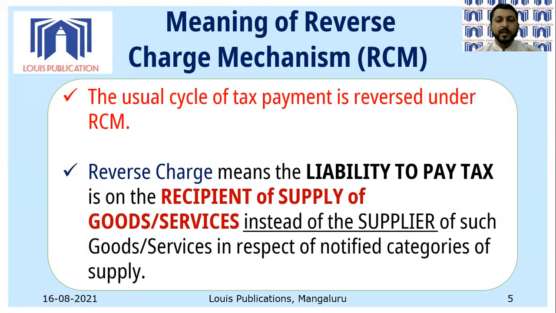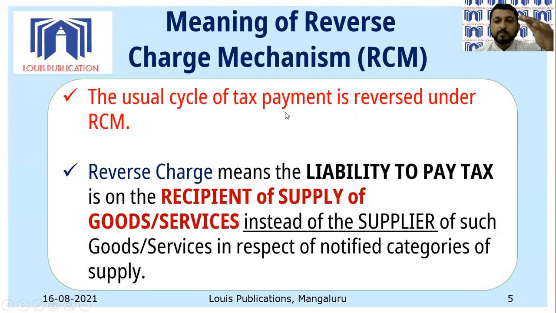But if the recipient is registered, it becomes the responsibility of the recipient to deposit the GST amount with the government. So instead of the supplier depositing, the recipient of the supply of goods or services is liable to pay tax to the government. That is in respect of notified categories of supply.